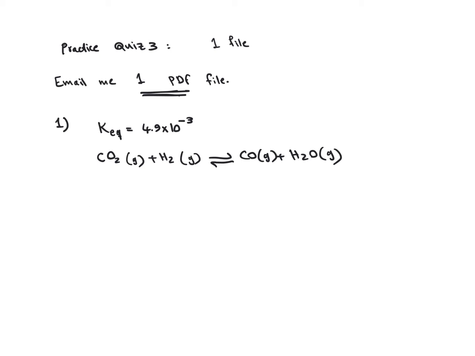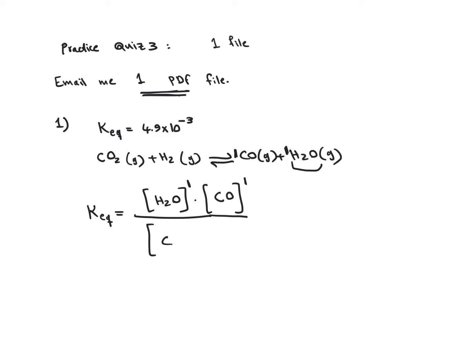Okay, so to write the equilibrium constant, we write the concentration of one of the products, here H2O, to the power of the stoichiometric coefficient, which is 1, multiplied by the concentration of the other product, which is CO, to the power of this coefficient 1, divided by the concentration of CO2.